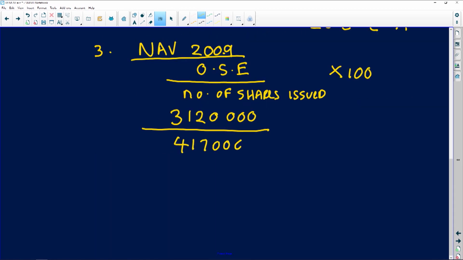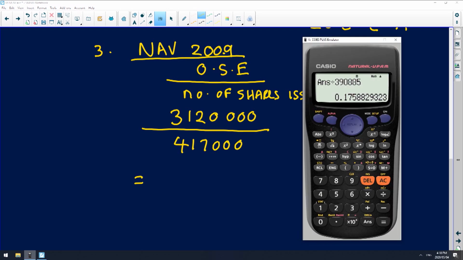Okay, so divide that by 417,000. And again, let's get our calculators out. Okay, so 3,120,000 is our equity. Divide that by number of shares in issue, 417,000. Okay, and that gives me a value of 7 Rand 48 cents.